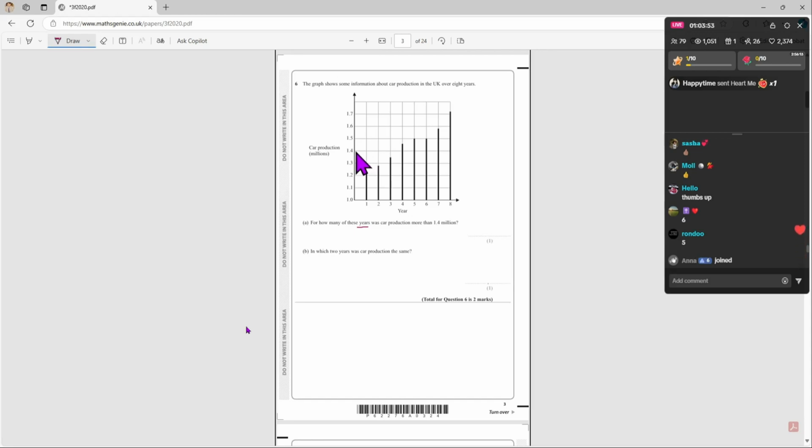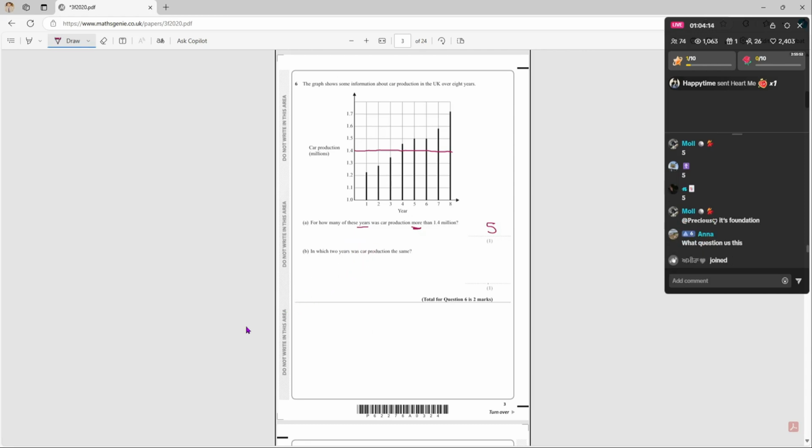We have 1.4 million. Draw a quick line. How many of these years was the car production more than 1.4? Remember, it is more. So it's going to be 1, 2, 3, 4, 5 years. Well done in the chat for the people that got 5. So well done for that.